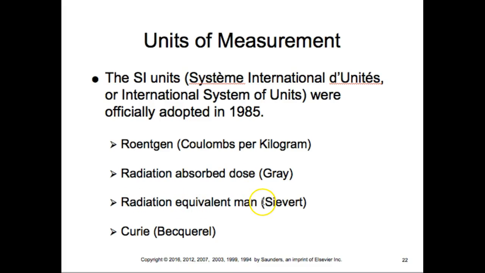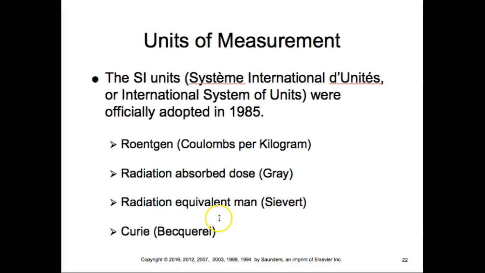We have the gray, and we have the gray with the lowercase a and the gray with the lowercase t. The a is for ionizations in air, which can be measured as the Roentgen, or the gray with the lowercase t can be the absorbed dose within the tissue, t for tissue.